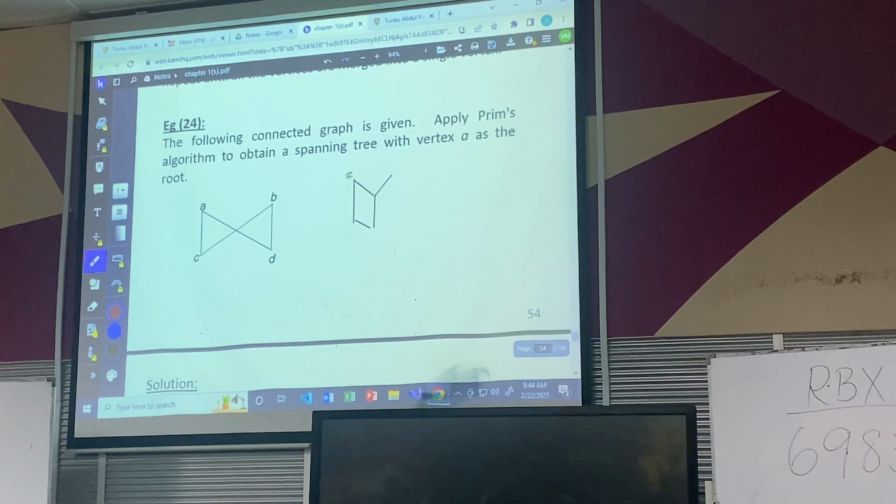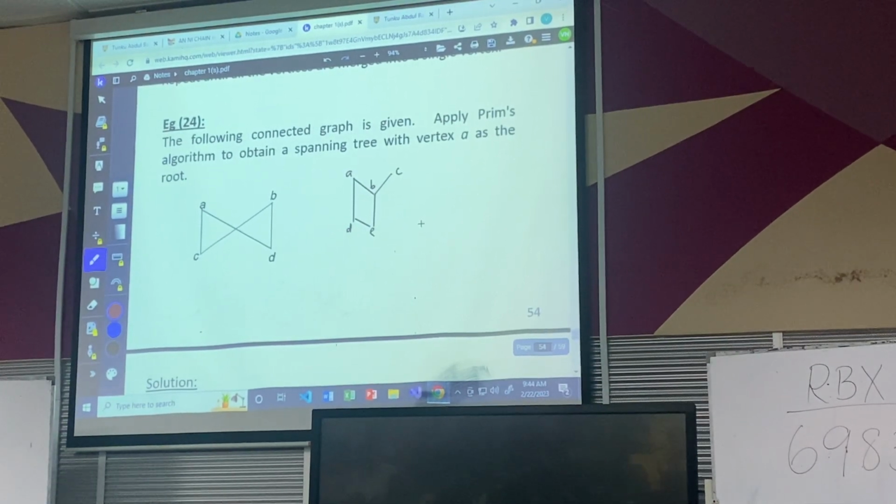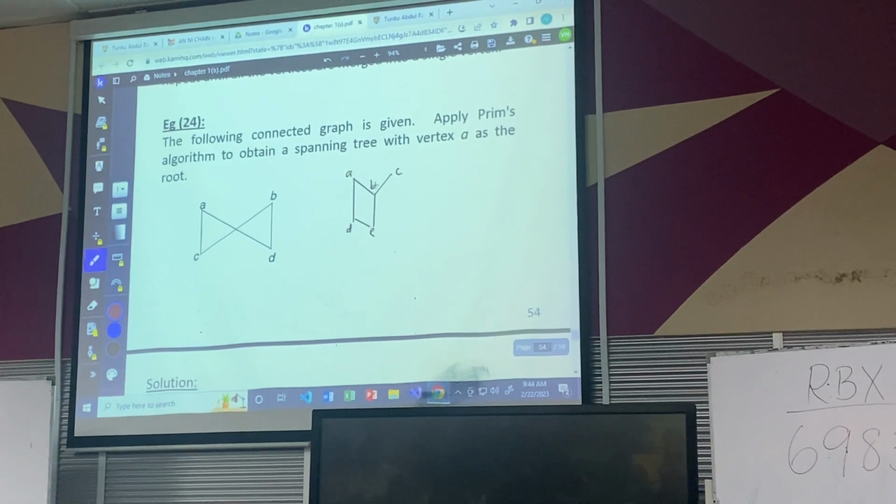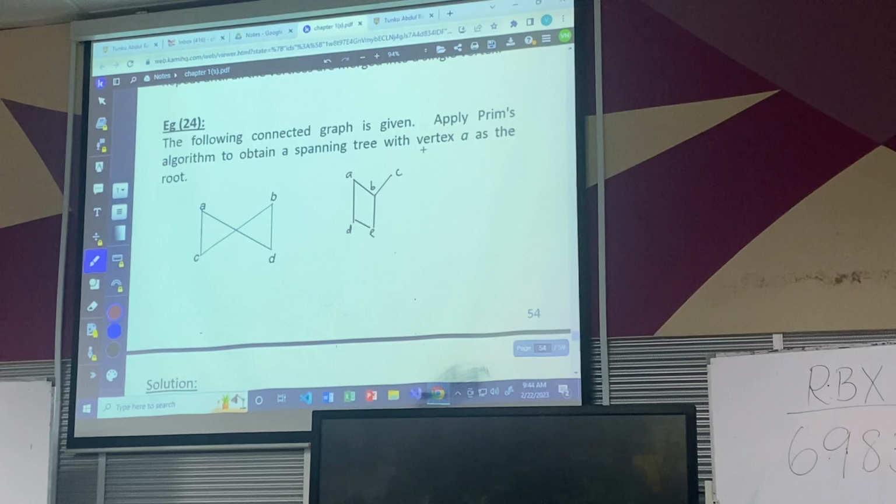Okay, here you have A, B, C, D, E, 5 vertices. If you convert to the matrix, then you will have a 5 by 5 matrix. A to E in the columns and also A to E in the rows. Okay?